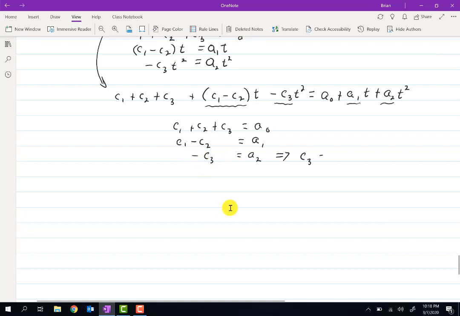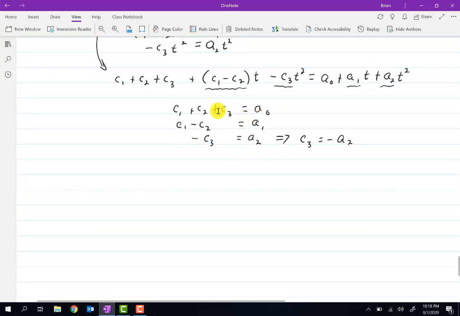C3 equals negative a sub 2. Let me throw it up into the first equation and rewrite my first two equations. I'll have C1 plus C2 minus a2 will equal a sub 0. C1 minus C2 will equal a sub 1.